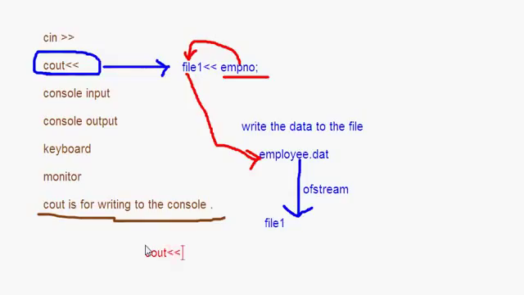Supposing I write cout like this and I say hello. This is basically a string which I want to write to the monitor. So hello in this case is taken to the console, the monitor. Same way here, whatever value is inside this emp number variable is taken into file1, and this file1 is associated with employee.dat.